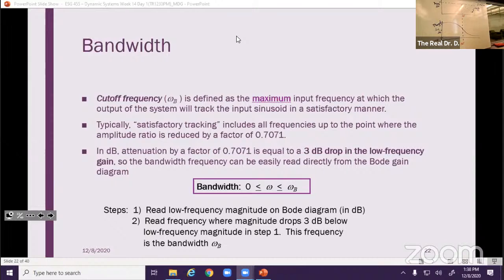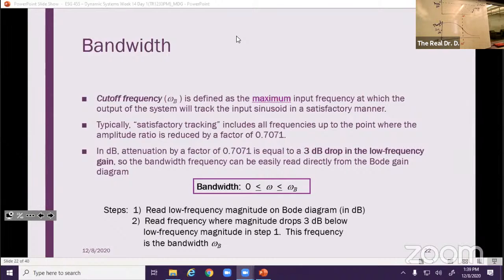Well, typically we say that it's when the amplitude ratio is reduced by a factor of 0.7071, which is also roughly 30% attenuation, right?